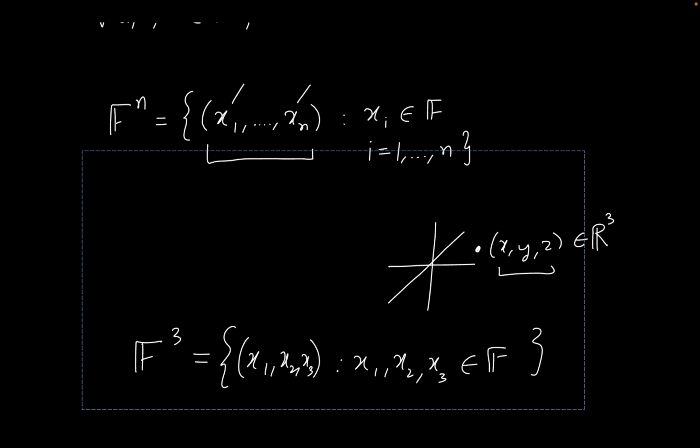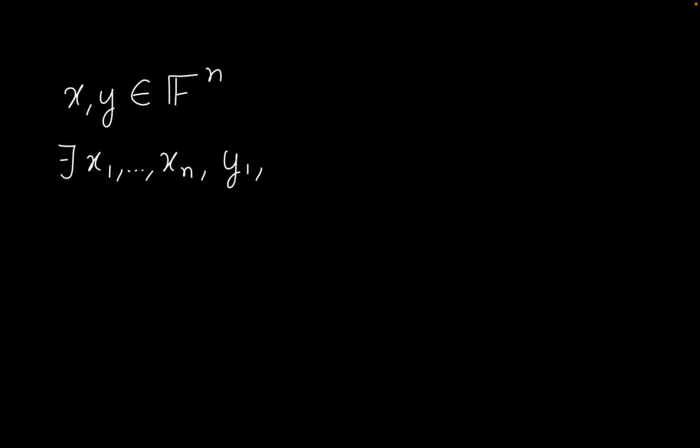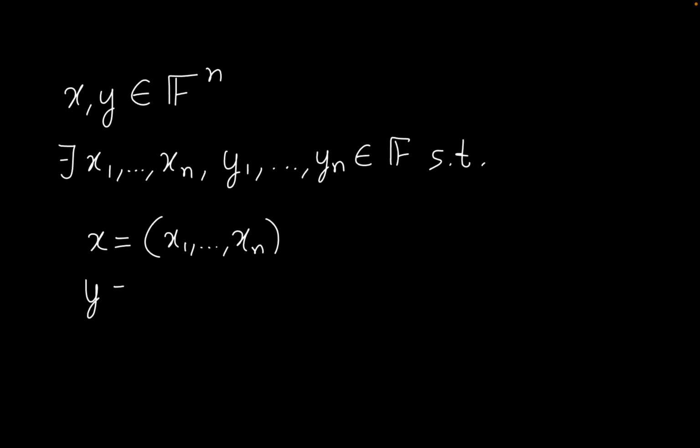How do we define addition on Fn? If x and y are two elements in Fn, then first of all, we can establish that there exist n scalars x1 through xn, and another n scalars y1 through yn, all of these scalars in F, such that x is described by x1 through xn, and y is described by y1 through yn.